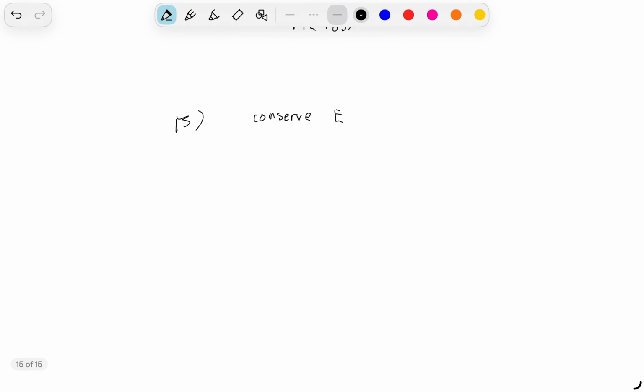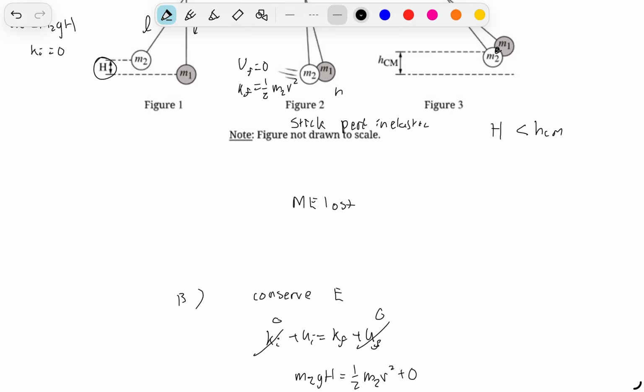So we write our energy equation: kinetic initial plus U initial is equal to kinetic final plus U final. This is 0 plus m2 g h equals 1/2 m2 v squared plus 0, because here we're going to say that our height is 0.